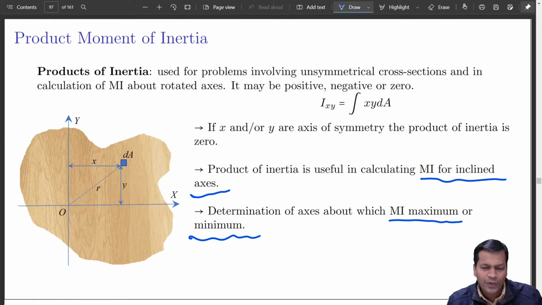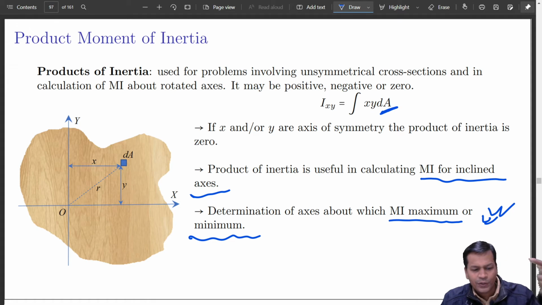Again mind it, product moment of area, this is area, it is not mass. In order to correlate, I am giving you this example, so that may be helpful. Because so far you only know mass moment of inertia, every time I am giving you that example so as to correlate.